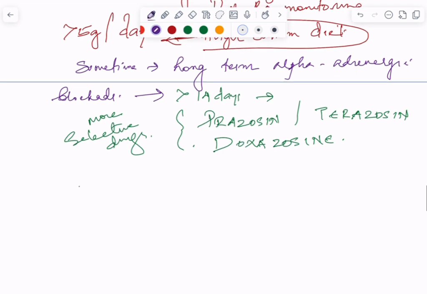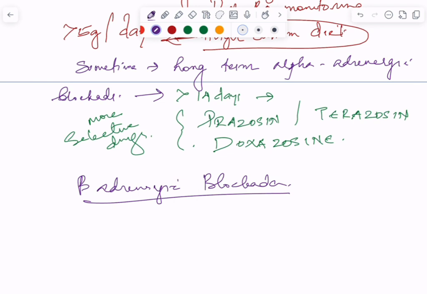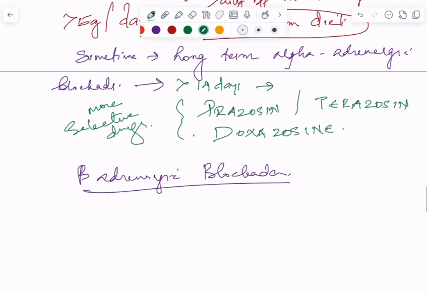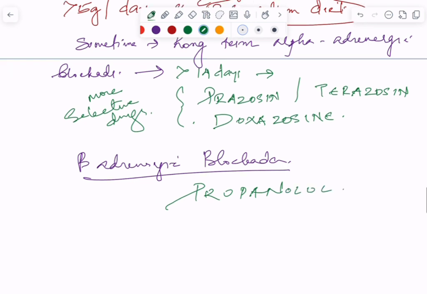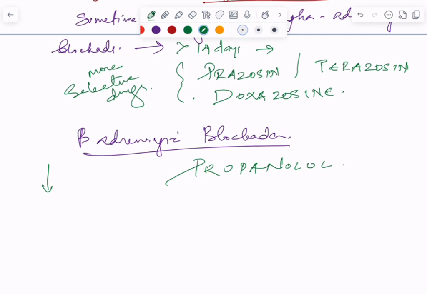Give me one example. Yes, propranolol. Propranolol is the beta adrenergic blocker. Here one more note you have to mention. There is a drug called metyrosine. It is a catecholamine synthesis inhibitor.